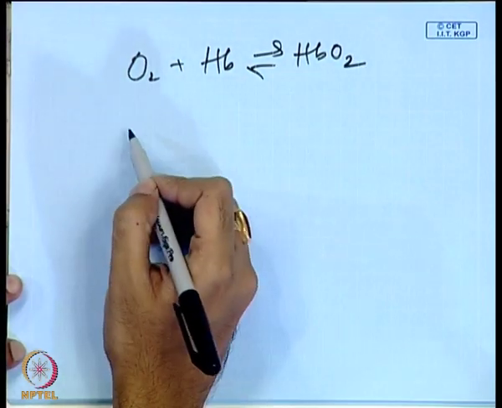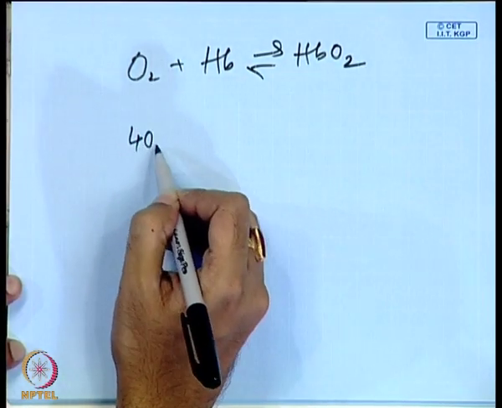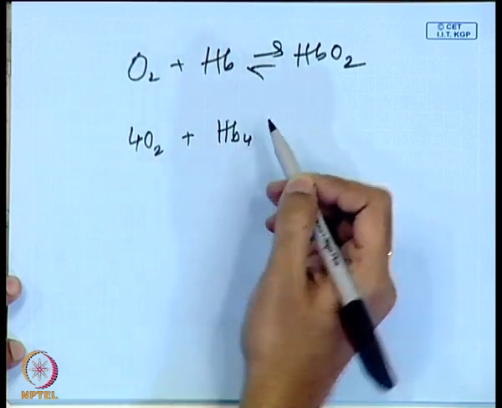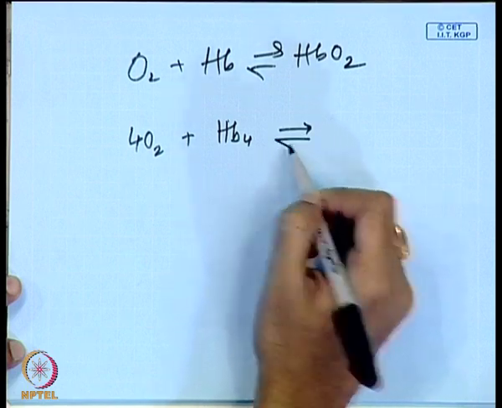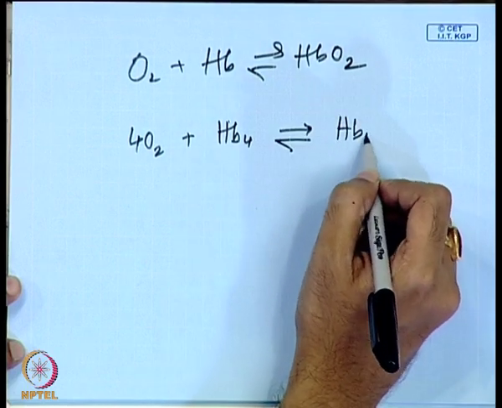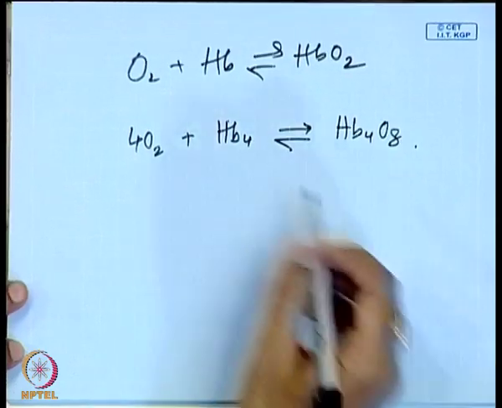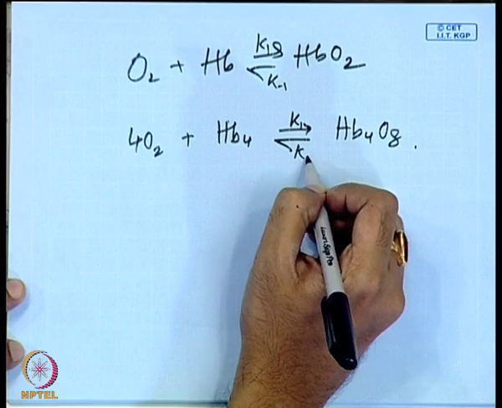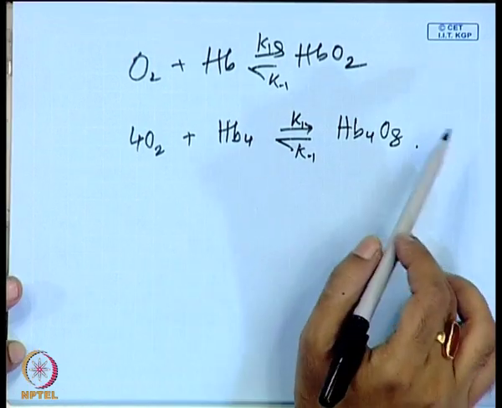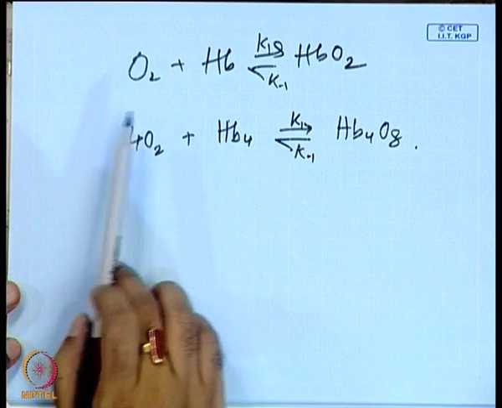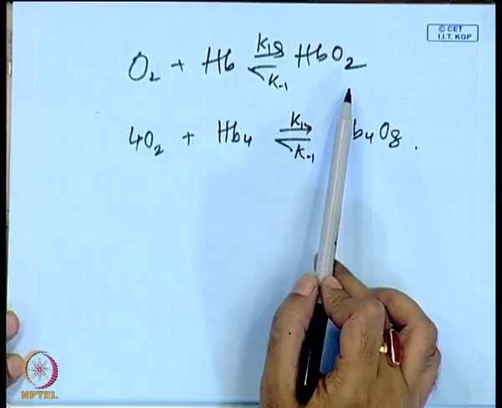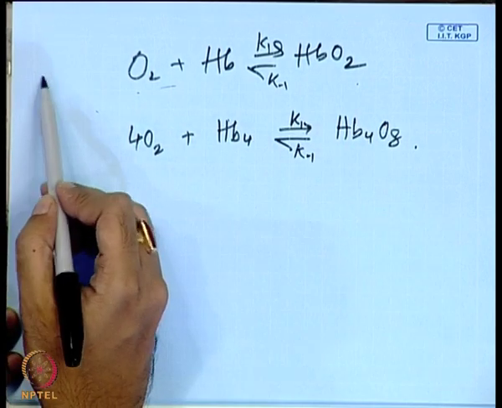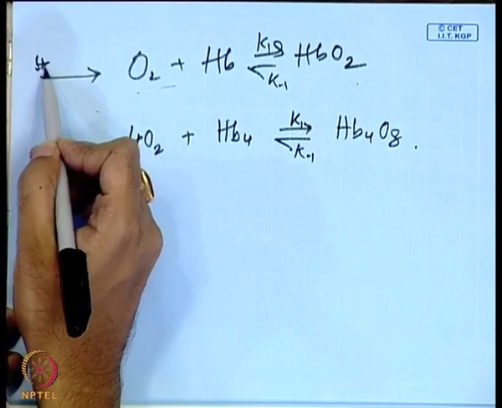What we figured is that one can assume it to be 4O2 plus Hb4, because hemoglobin comes as a molecule of 4, giving Hb4O8, with rate constants K1 and K minus 1. This is a very important physiological reaction, as you all know, the reaction between oxygen and hemoglobin, and that is how oxygen is carried into our blood, through the formation of oxyhemoglobin. This is what is written as standard.